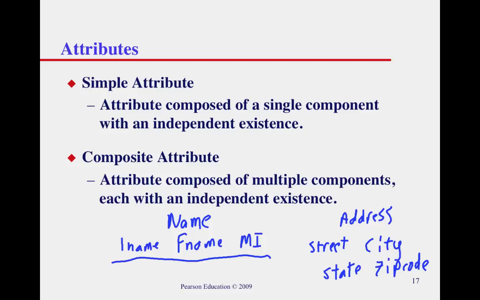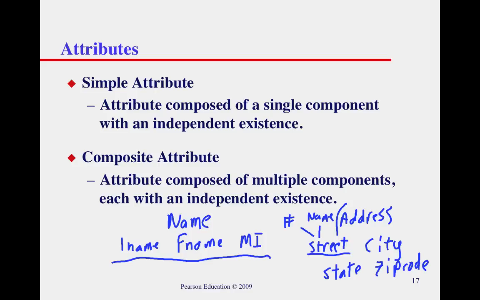Now, a composite attribute could itself be, one of its components could itself be a composite one. So street could actually be further blown up into a number, a name, and a, what is the lane, route, road? I know there's a word for that. Anyone? Okay, but there's something when it's Main Street or Tupelo Lane or Johnson Circle.